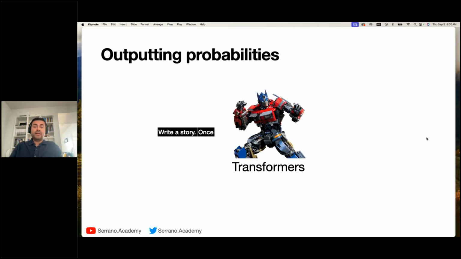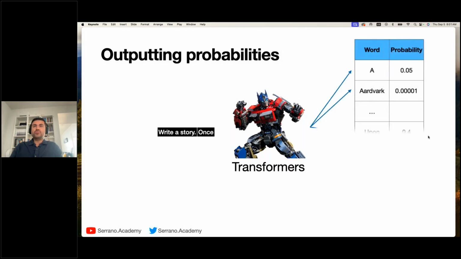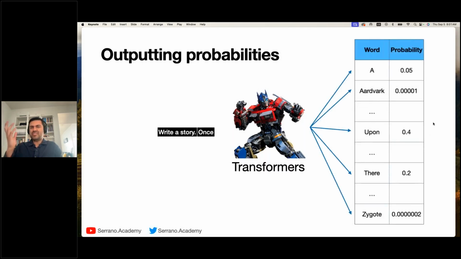What it really does is find probabilities for every word. So after an input like write a story once, it goes through all the existing words. It's actually existing tokens, but small difference. Let's pretend they're words, all the existing words, and it outputs a probability for each one of the words. As you can see, some of them have very low probabilities because they're probably not the next thing. And some of them, like once there or once upon, have high probabilities.